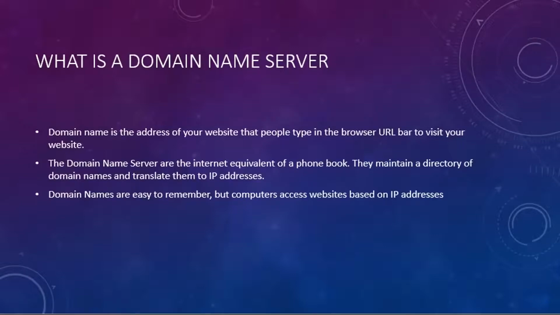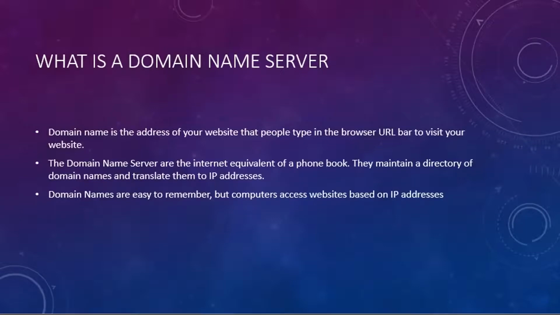A domain name server stores different domain names in that particular server, and translates them to IP addresses, because IP addresses are what the computer understands, but humans cannot really remember IP addresses because they are just long numbers. Humans easily understand words and not numbers, but computers easily understand numbers. So that is what a domain name server is.